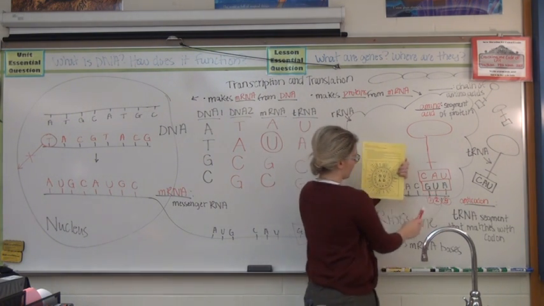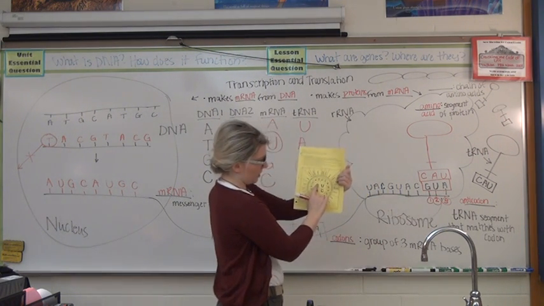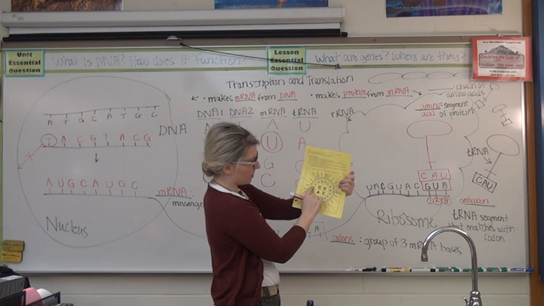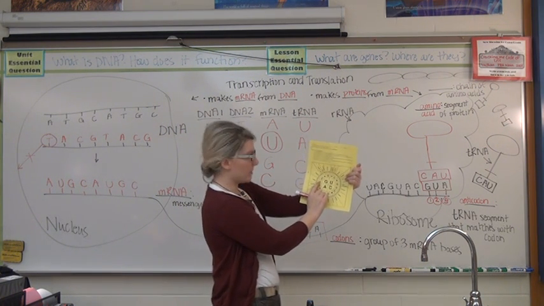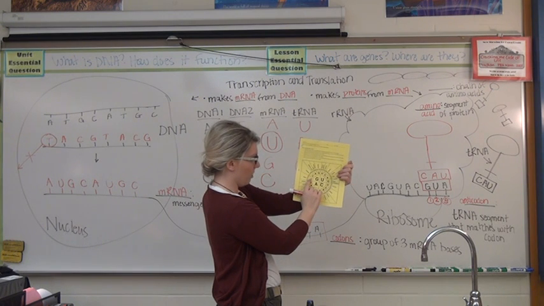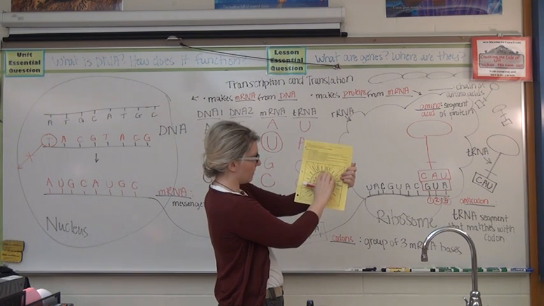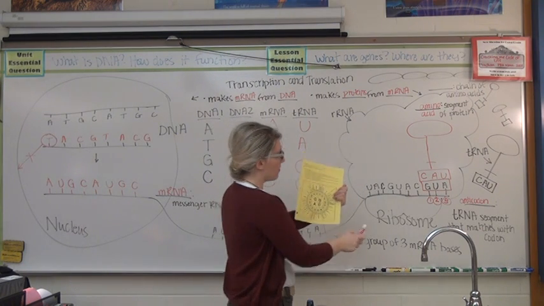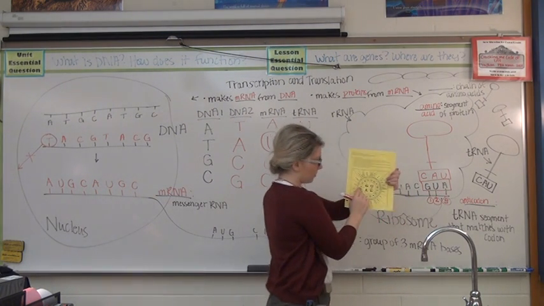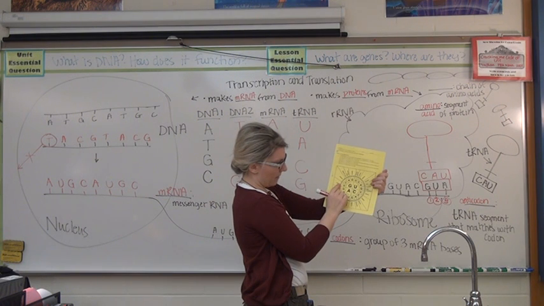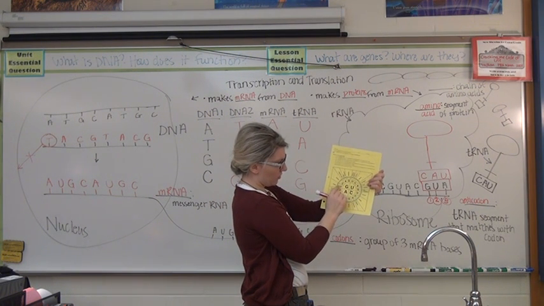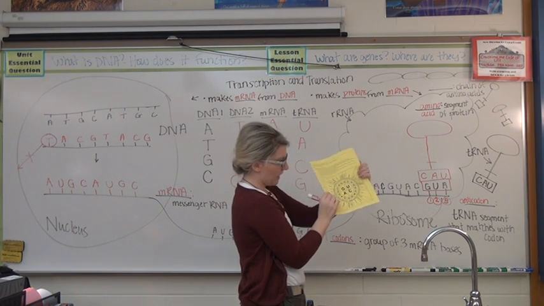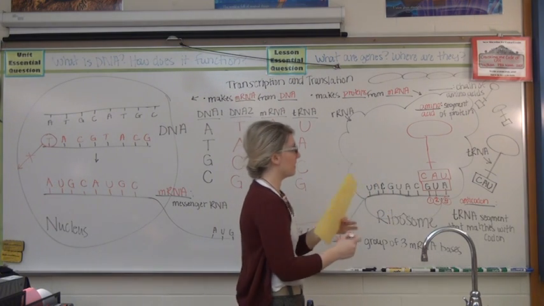Our second letter is U, so I'm going to start with G was the first one, and then I'm going to go out to U. Now that I went out to U in the second row, I can't look at any of these letters in the third row that aren't matching up with the U. My last letter is an A, so from U I'm going to move out to A. And if we look at G, U, and A, we'll see that that corresponds with the amino acid valine.